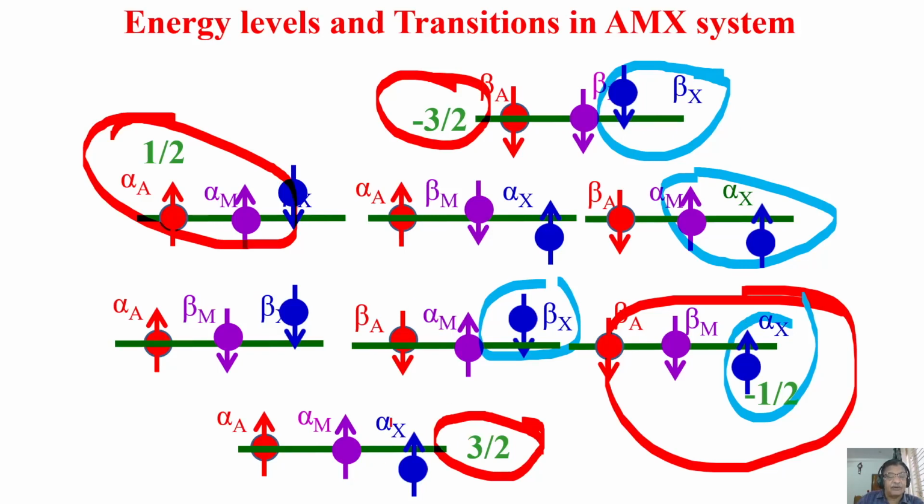No other transition is allowed. Look at it. All are A and M, and only 4 possibilities like this. That means you got 4 transitions for x. You understand? What is the energy separation between them? You can work out like the way we did for the 2-spin system.